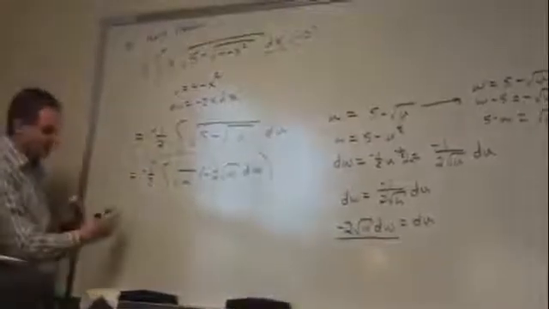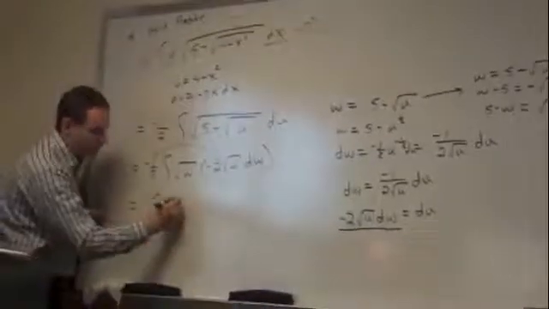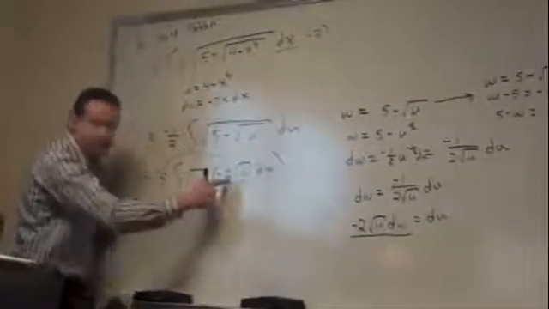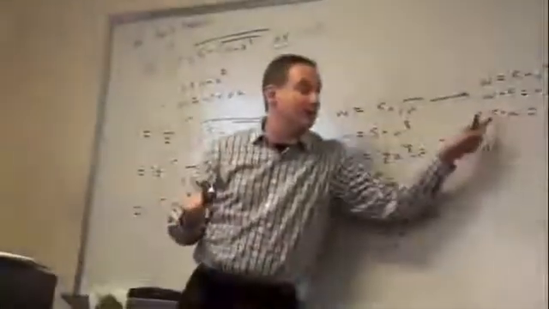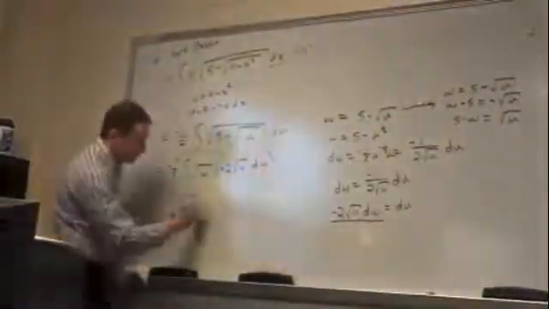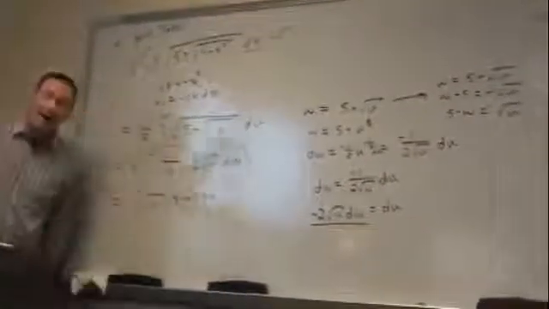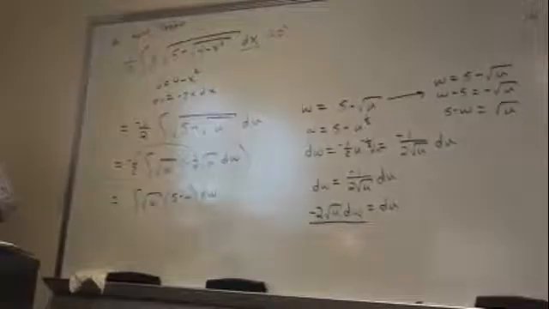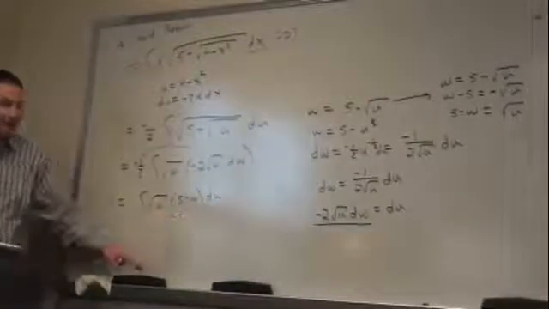So this becomes just 1 times the integral of the square root of w. Remember, this negative 2 is gone. And I've shown that the square root of u is equal to 5 minus w dw. We have used double substitution along with algebraic simplification to get this to a part where we can evaluate it now.